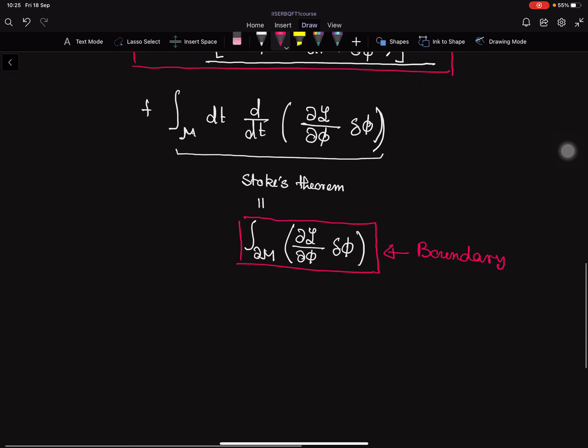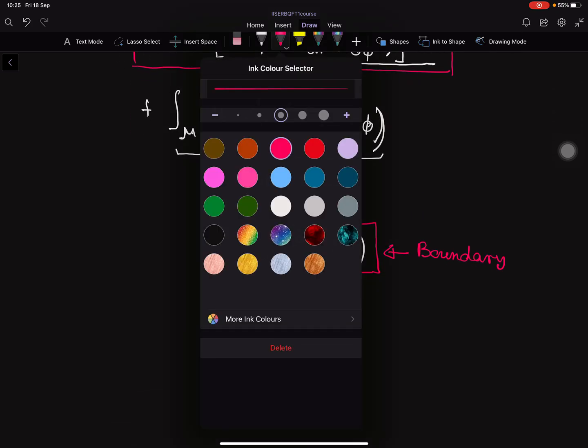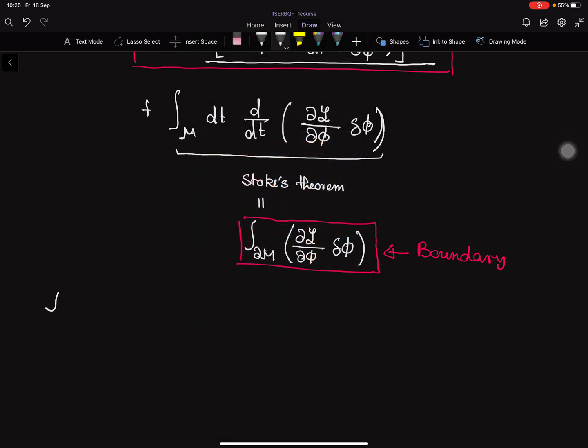This is usually written as the equation of motion, so that the action is extremum.